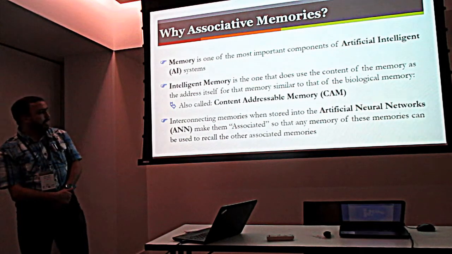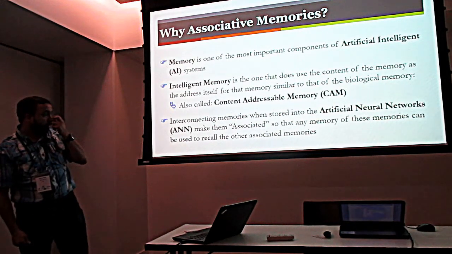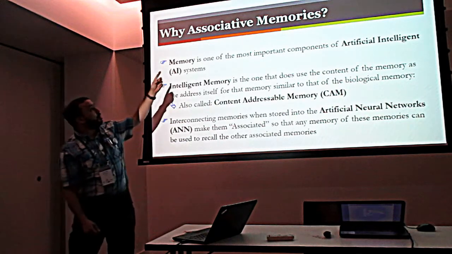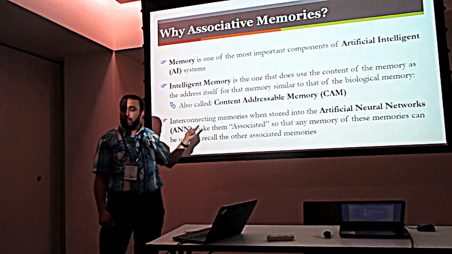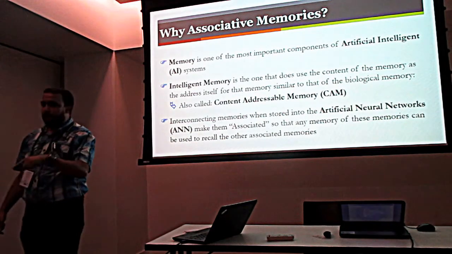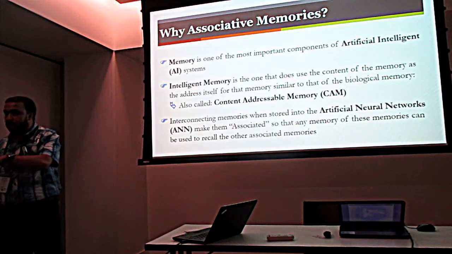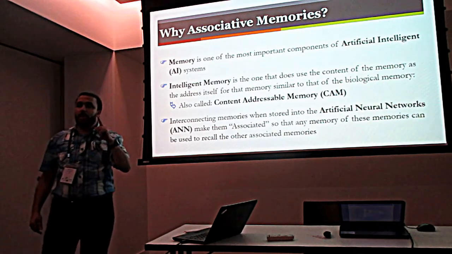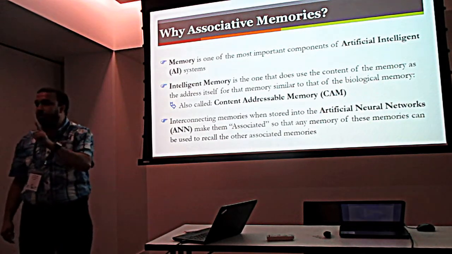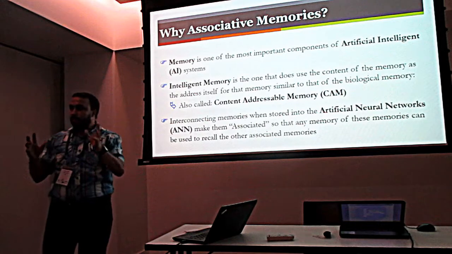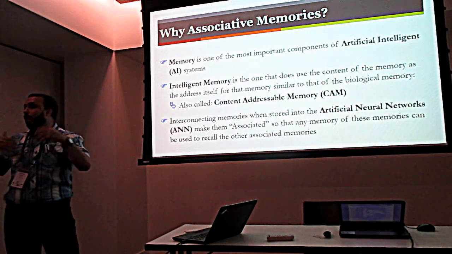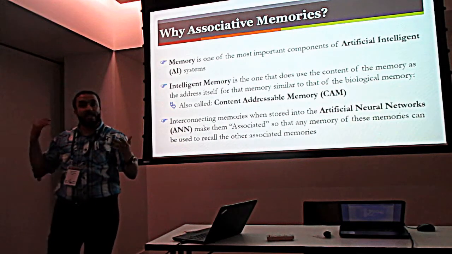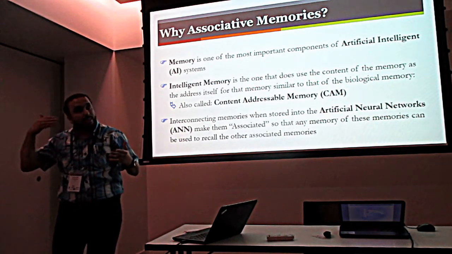Having said that, the name associative, where does it come from? The associative is also inspired by the human or biological intelligence, because memory does not work by itself. It always associates with others. So if there is memory, there is something associated with that memory. For example, looking at the sea, what you associate with that is the sound of the waves.